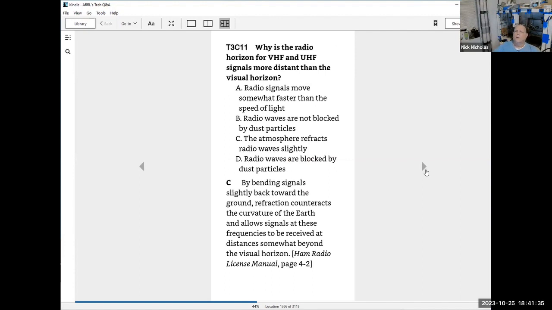Why is the radio horizon for VHF and UHF more distant than the visual horizon? Well, the answer to this is the Earth has a magnetic field.